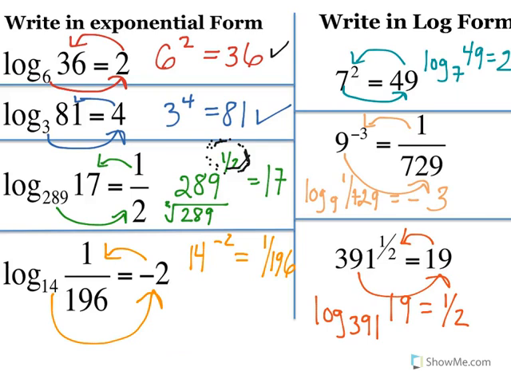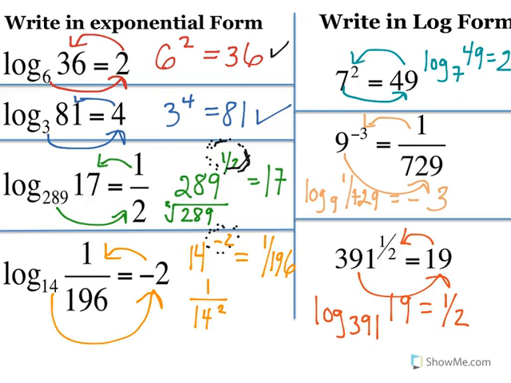Same thing with this, the bottom left-hand corner that's in this golden orange color. What does it mean when something is raised to a negative number power? 14 to the negative 2 is the same thing as saying 1 over 14 squared.